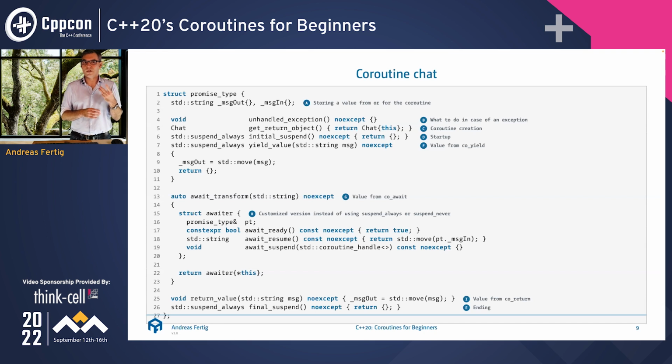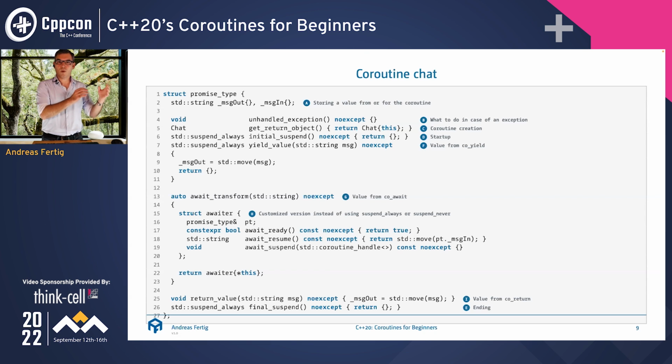They come with three functions: await_ready, await_resume, and await_suspend. And this gives us even more control and customizability about our coroutine. And in my case, this struct awaiter here stores in line number 16 a reference to my promise type. And then await_ready returns true, and await_resume, that one moves from the promise type the message in as a return result into the coroutine where we set co_await.